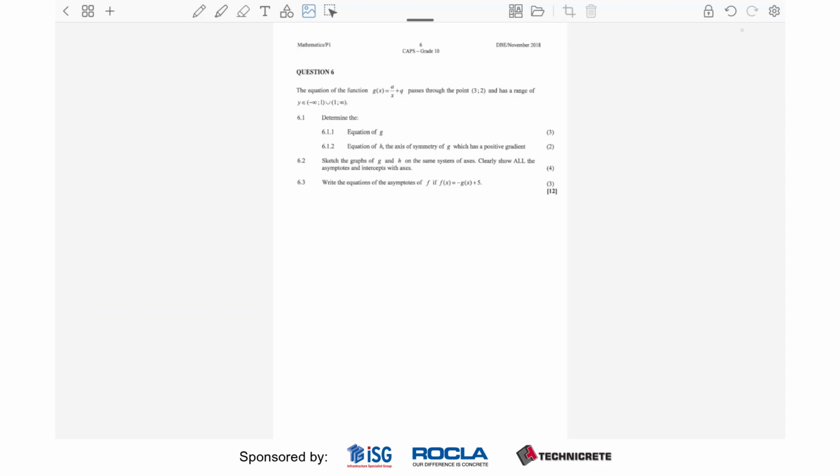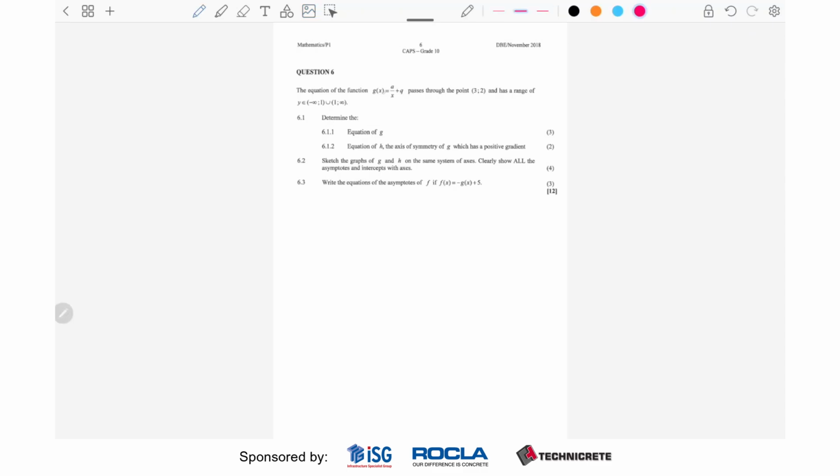Now they're asking us to determine the equation of g. So we know whenever there's a over x, that means that's an exponential graph. Sorry, I made a mistake. We know when there's an a over x, it's actually a hyperbola.